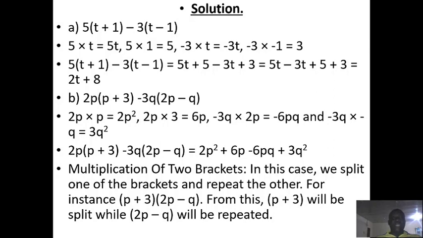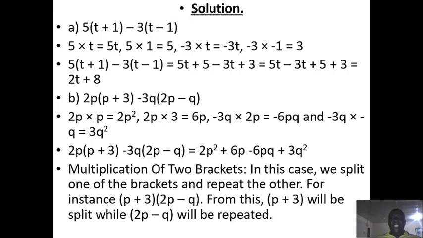Minus 3 times t will give us minus 3t. Minus 3 times minus 1 will give us plus 3. So bringing them together, we have 5t plus 5 minus 3t plus 3.